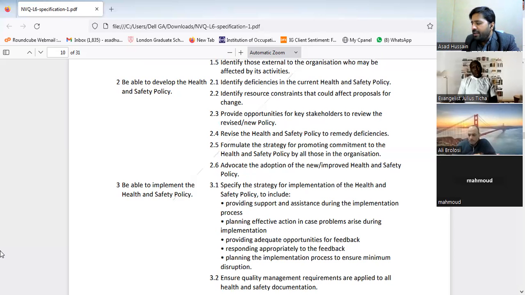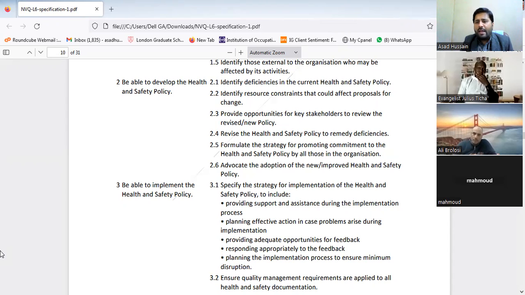For this, first you have to identify deficiencies in the current health and safety policy, like this is not working, this is not working, this is not more relevant. And what type of evidence do you use?